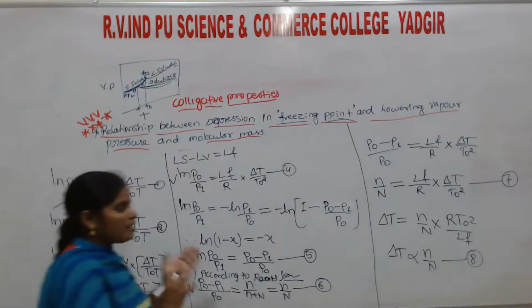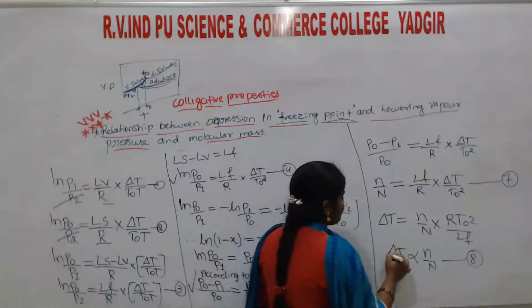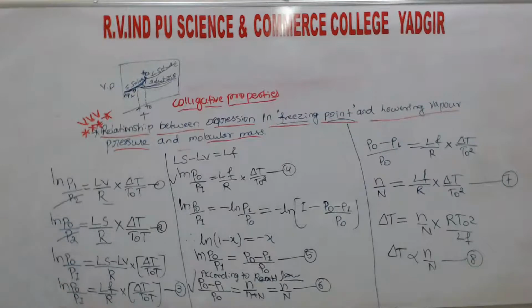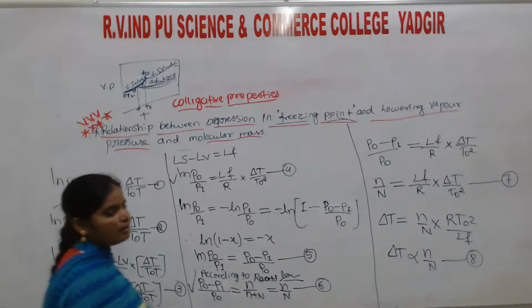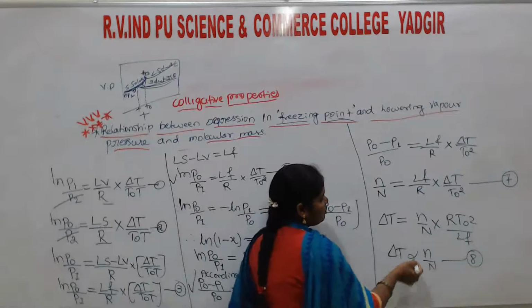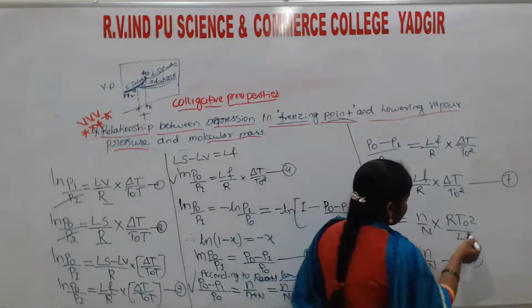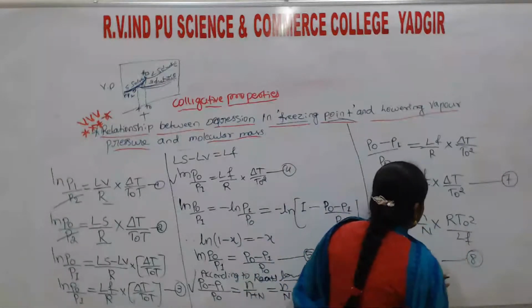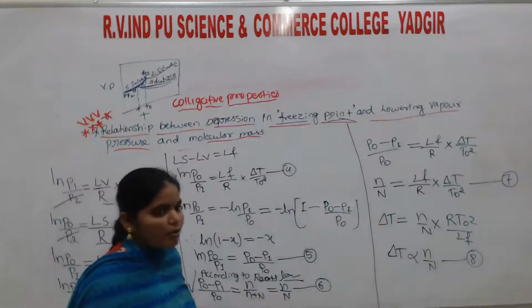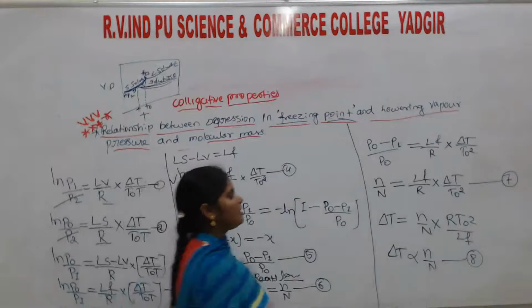In the last derivation also it is the same, and this derivation also similarly. Finally, we get the equation number 8. Delta T is equal to n by N R T square divided by L. Delta T is directly proportional to n by N.